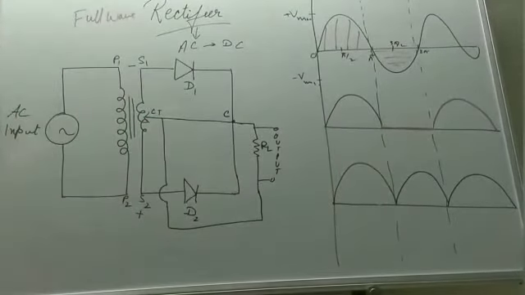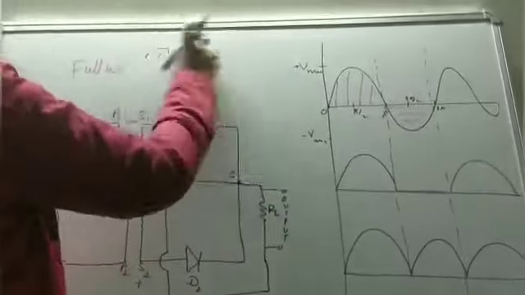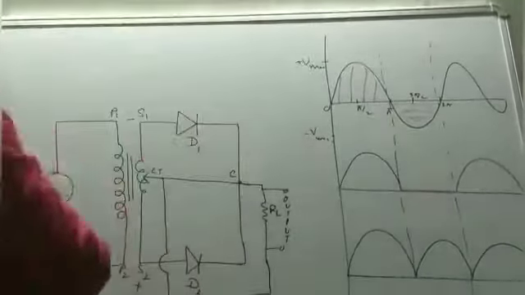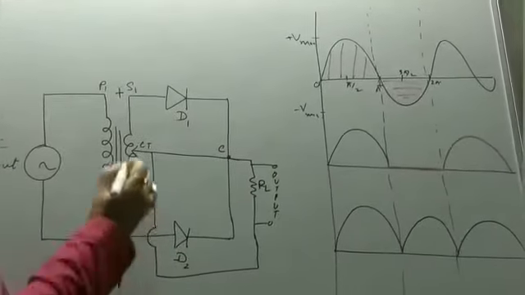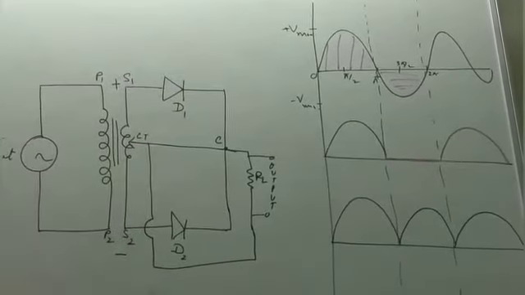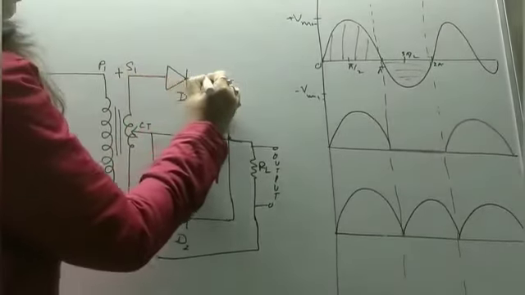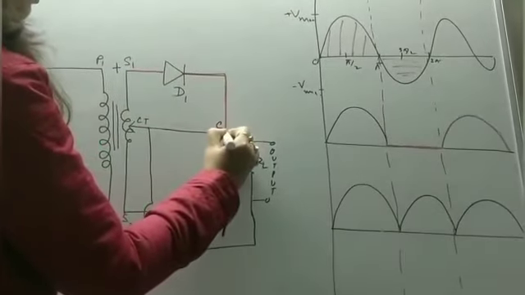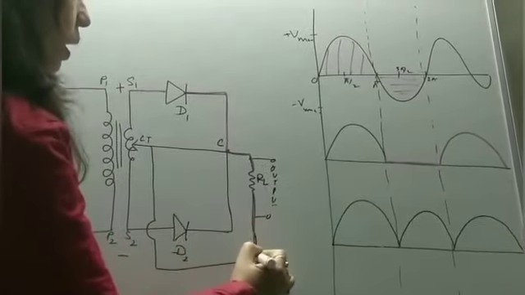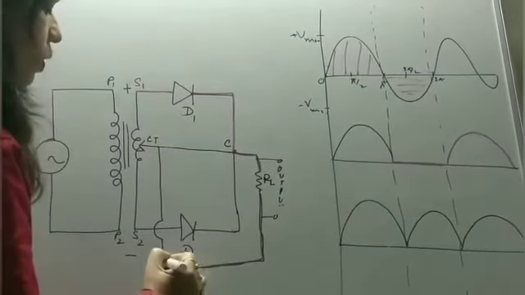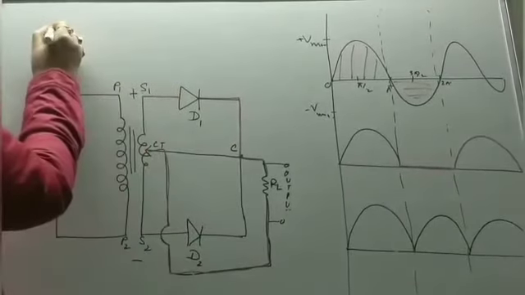Now let us see the direction, because here there are two directions of the current. In the first case, I am again repeating it over here, what is the direction of the current? Let us see from here. S1, D1, then it goes to C. After that, RL. From RL, it goes in this manner to CT and then back to S1.